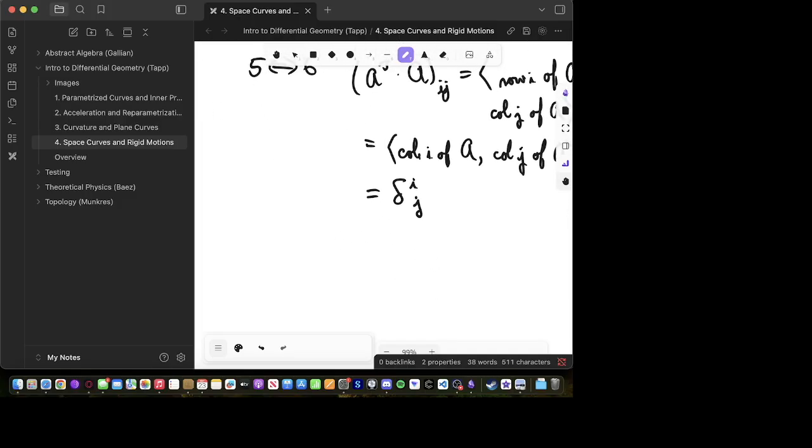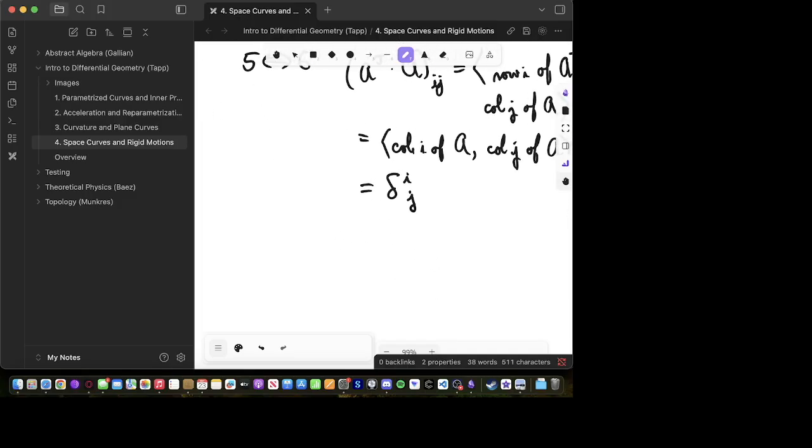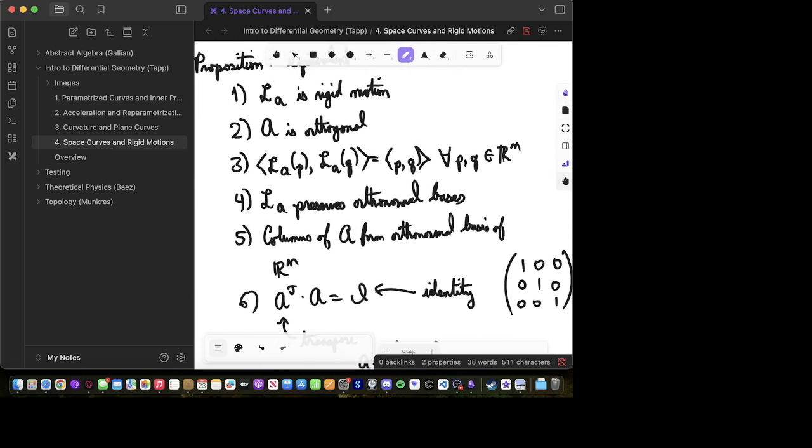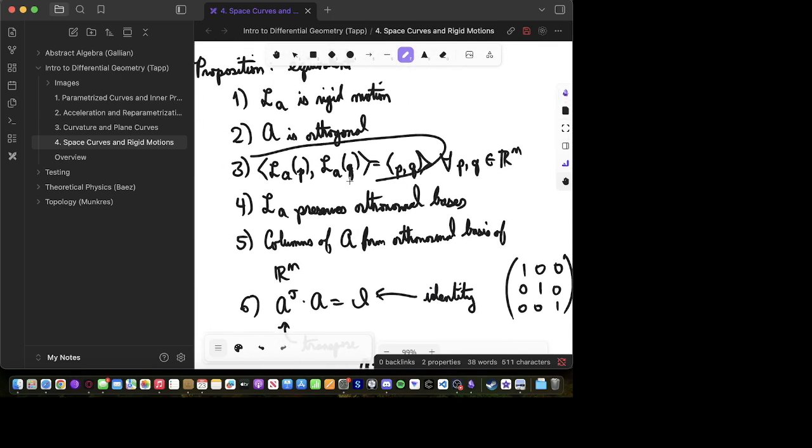I don't even know if Tap covers Kronecker delta. He hasn't yet, but let's prove that if the columns of A form an orthonormal basis, then this formula holds.